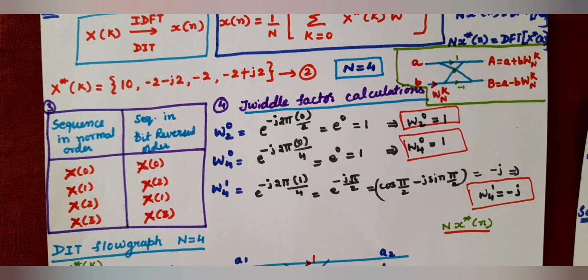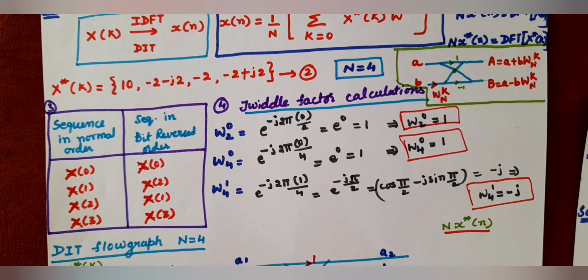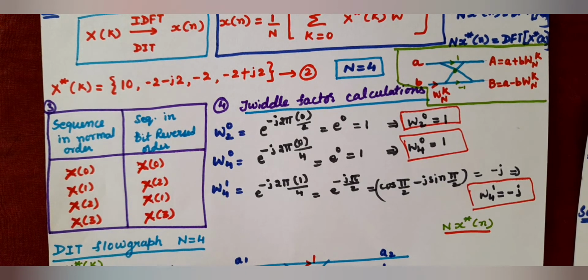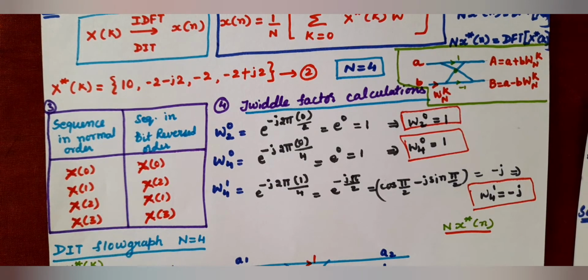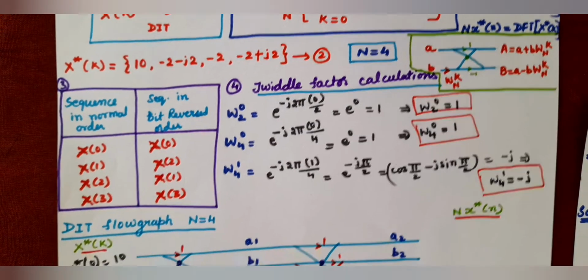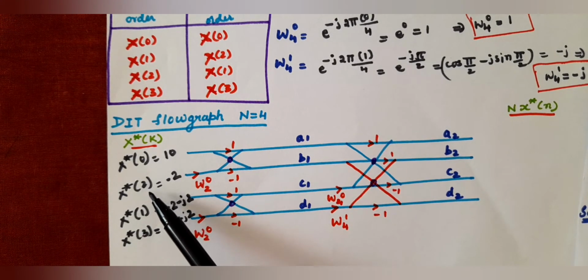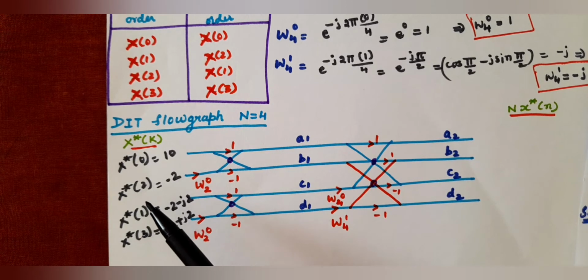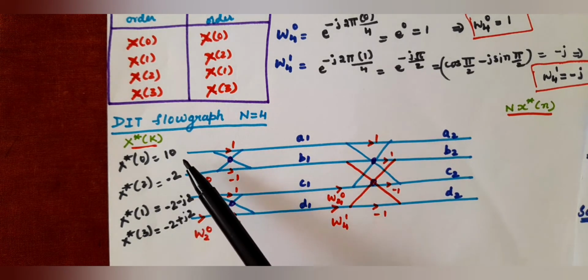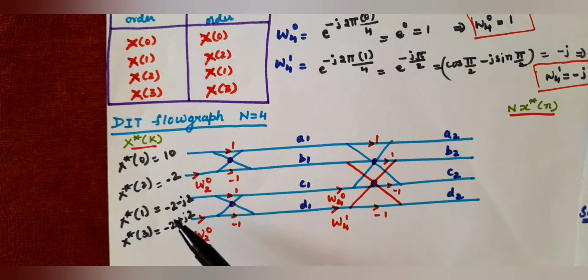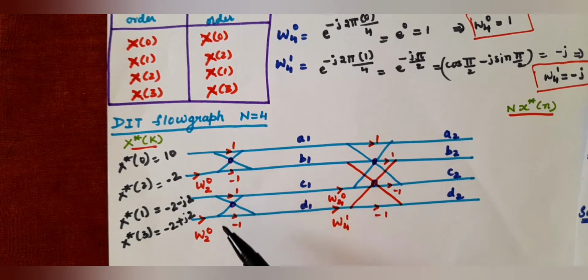X star of 1 is minus 2 minus j2. X star of 3 is equal to minus 2 plus j2. Like this we have written the inputs: x star of 0, x star of 2, x star of 1, x star of 3. Inputs are 10, minus 2, minus 2 minus j2, minus 2 plus j2. These are given as input to these butterflies.